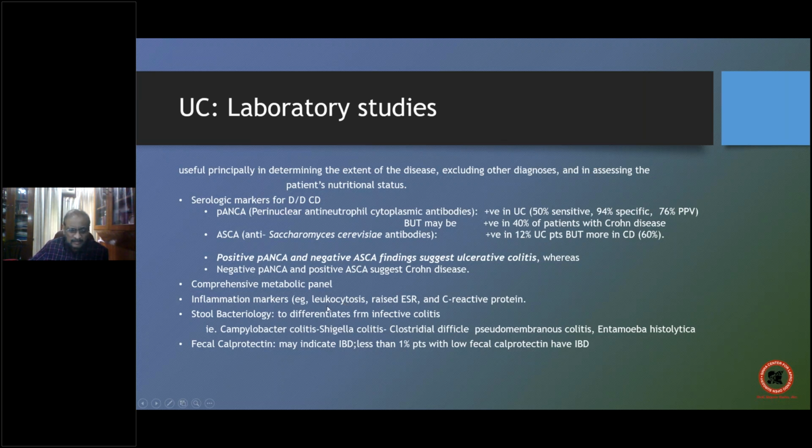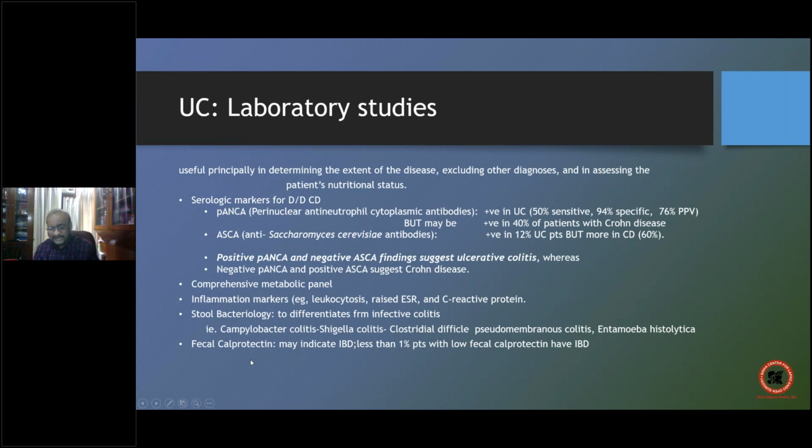Stool bacteriology is very important to differentiate from specific colitis. We are talking about a non-specific immunological colitis, ulcerative colitis. You have to differentiate from specific colitis, which is bacterial colitis like Shigella colitis, Campylobacter, Clostridium difficile pseudomembranous colitis, Yersinia enterocolitica. So these have to be identified if you want to carry out a proper differential diagnosis.